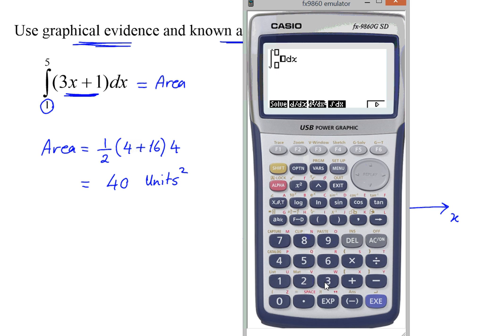So we write the function first, which is 3x plus 1, lower boundary 1, upper boundary 5, and equals, it gives you 40, which is the 40 units squared that we found.